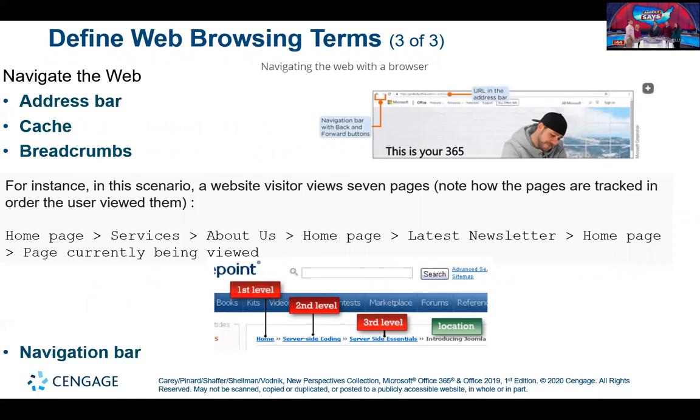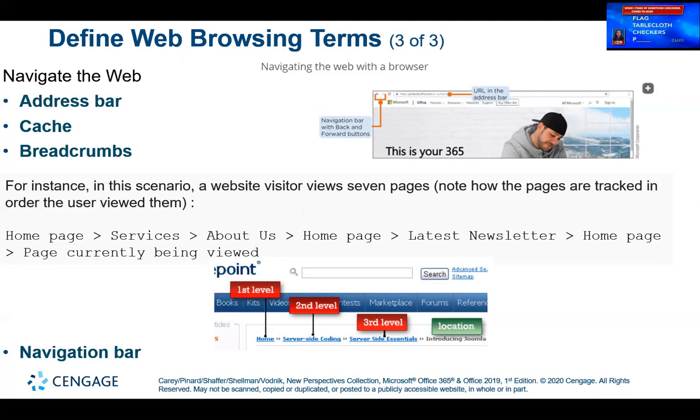Now here, they're showing you an illustration of how a website is going to look. At the very top is the address bar. Underneath that is the cache. When I say cache, we're talking about a memory location. It's just holding what you did at that site if you went to that site. Underneath that, you have breadcrumbs.